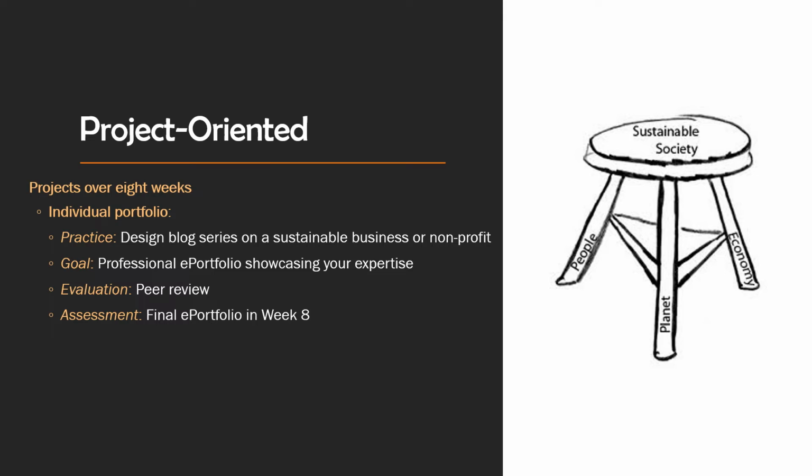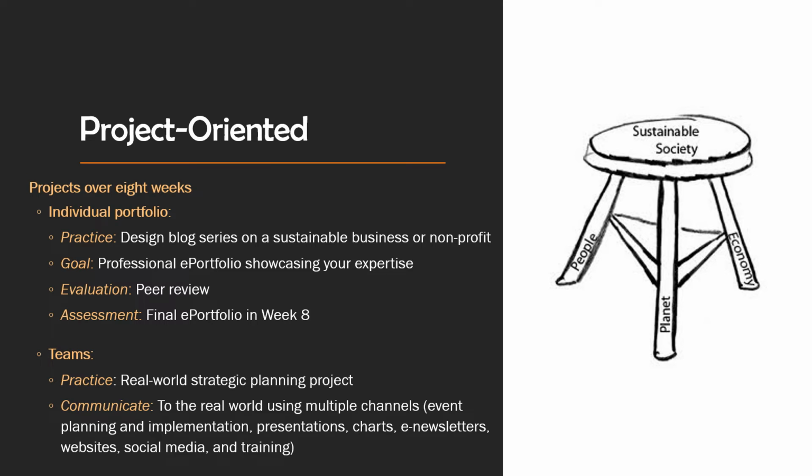The goal is to create this professional e-portfolio that showcases your expertise. You will evaluate each other's, giving each other a peer review so that hopefully you'll go and improve it and have the strongest, most professional e-portfolio possible. And the assessment is your final e-portfolio in week 8.